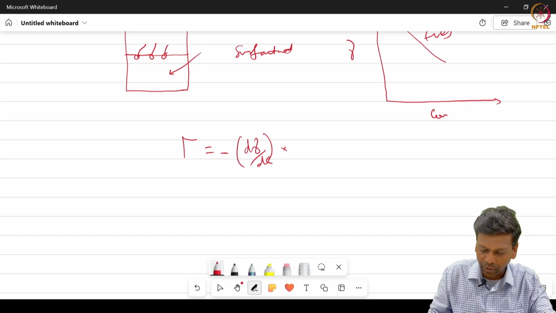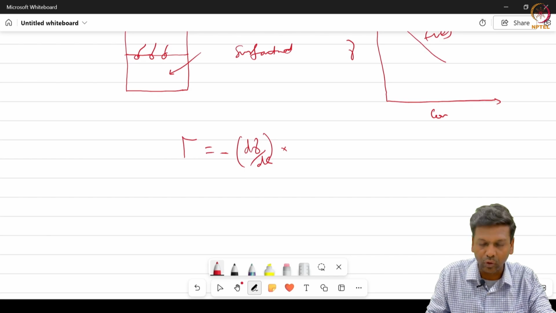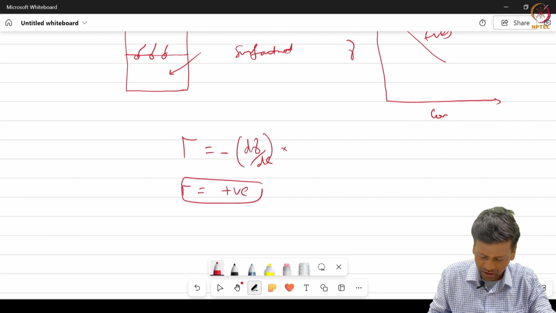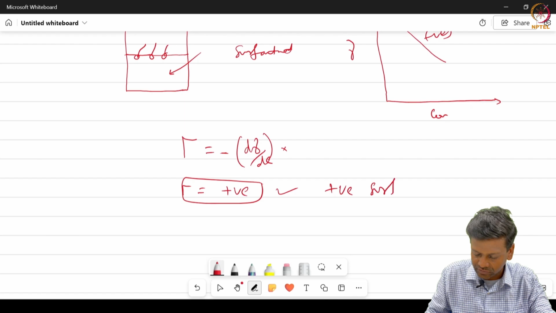So when you plug in the negative slope, you get a surface excess which is positive ultimately. This is positive surface excess.